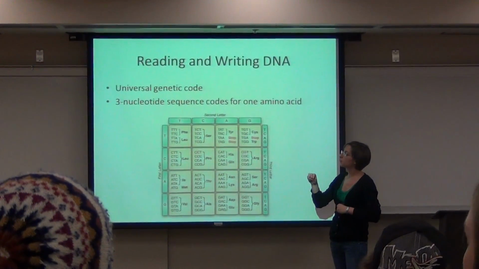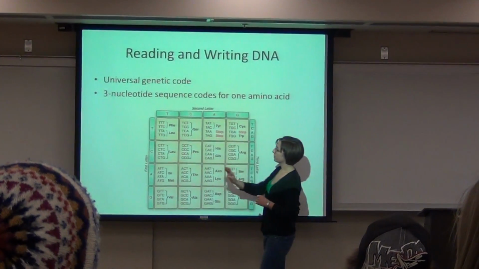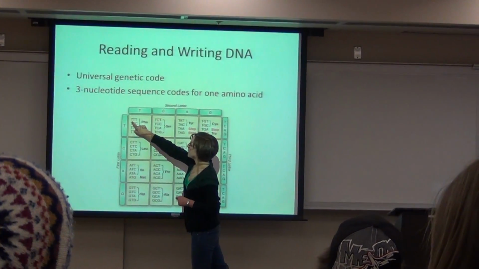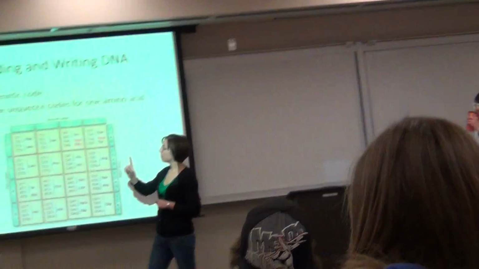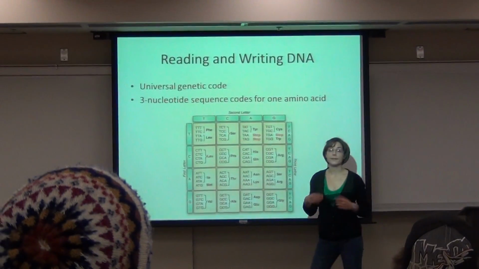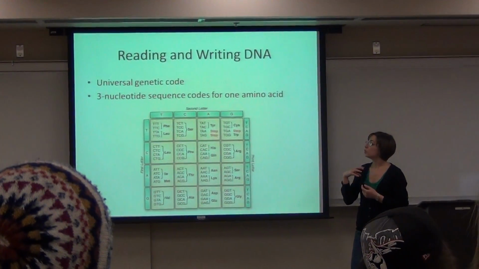And it basically works in groups of 3 nucleotides, or 3 bases. So up here, the sequence TTT will code for 1 amino acid. In this case, it will be phenylalanine. That's an amino acid that will be used when the gene is translated into a protein.